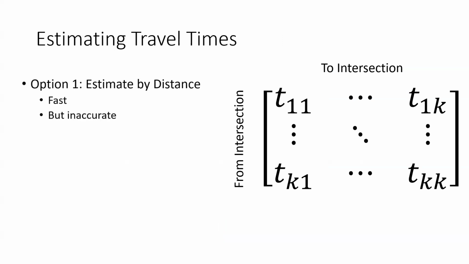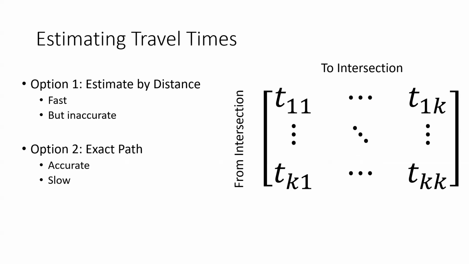Option 1, which is the fastest, is estimated by Euclidean distance. So you compute the distance, but this is inaccurate because it's not taking into consideration any of the path, any of the streets, any of the speed limits, any of the turn penalties. Option 2, the exact path.